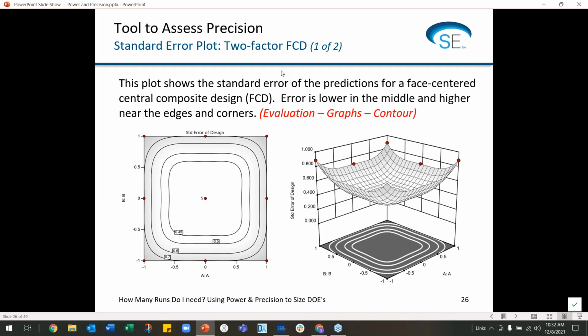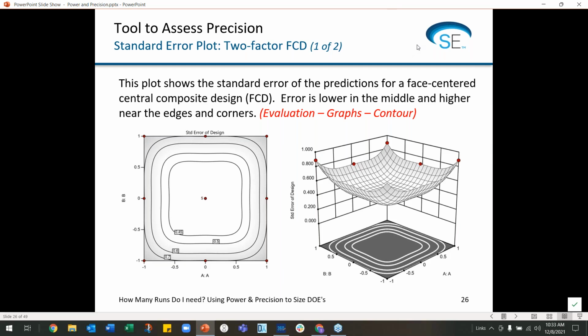Okay, there are two tools that are used to estimate precision. The first one is the standard error plot. The standard deviation of the response that you provide is turned into a standard error of predictions.